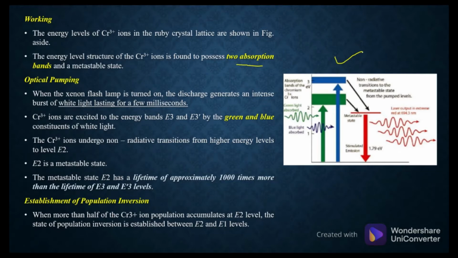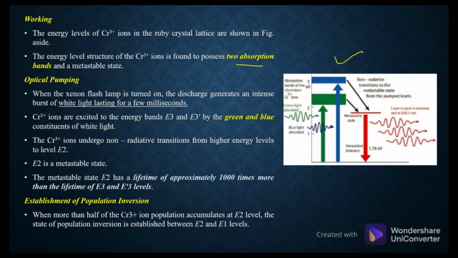We are not worried about the energy level diagram of alumina, though it is occupying 99.95% of the crystal. Why? It is because the energy levels of alumina are not going to help us in laser action. So we will concentrate on the energy level diagram of chromium ions.